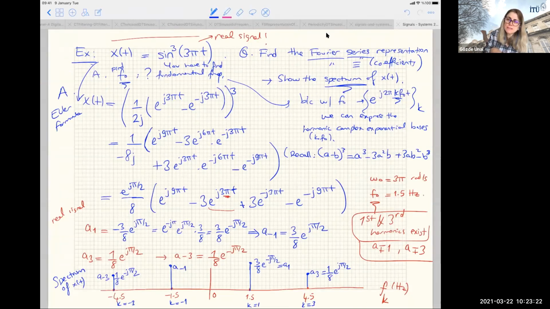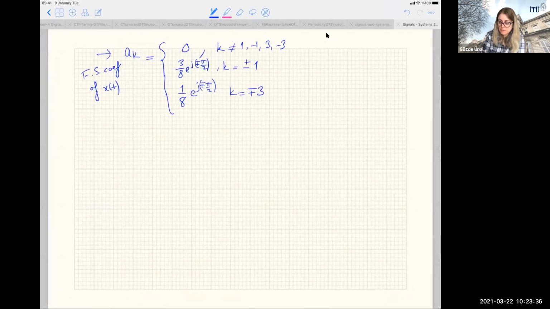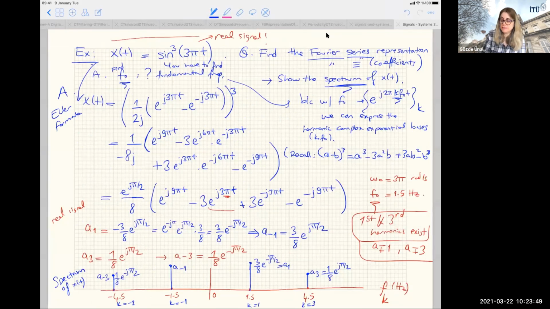It will look a little bit more difficult when we go to, maybe let's do it also on the tablet and then go to the slides, guys. Okay, so this was an example of a signal already in sinusoid form, in sine form, let's say, because it was really x of t equals sine cubed 3 pi t.